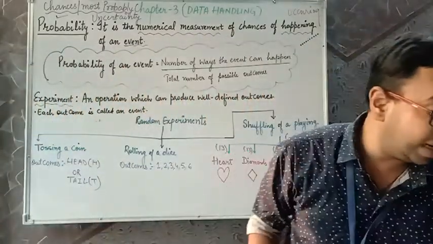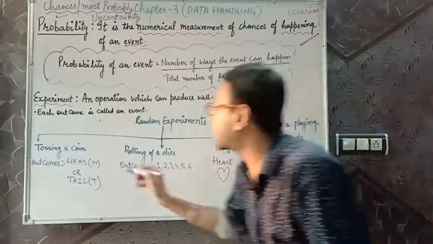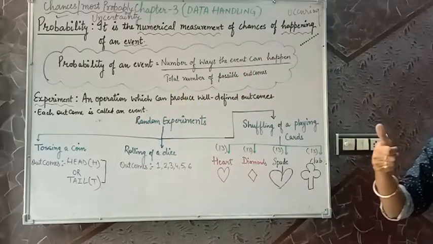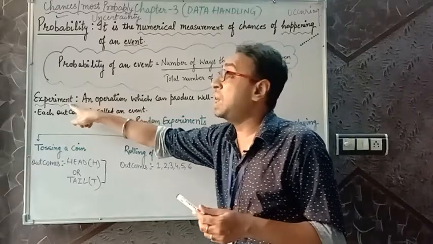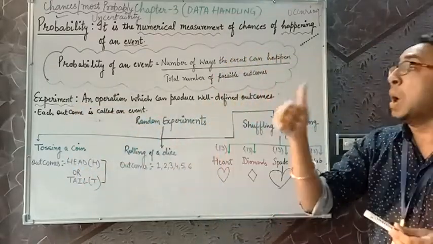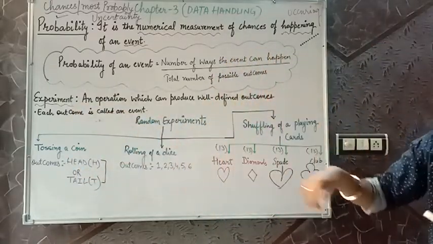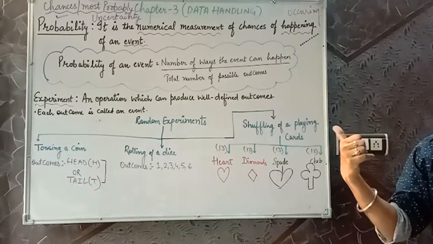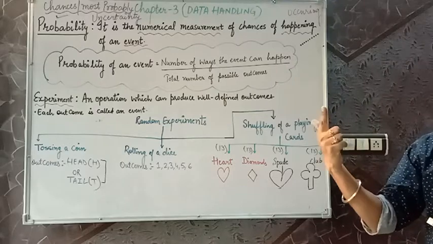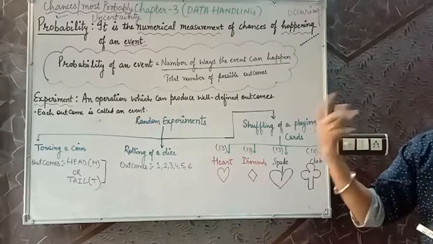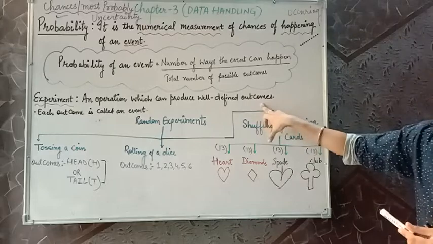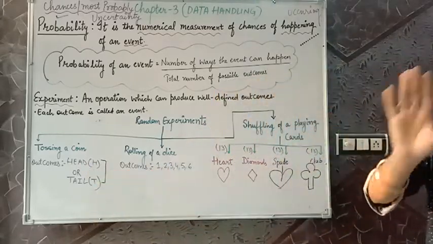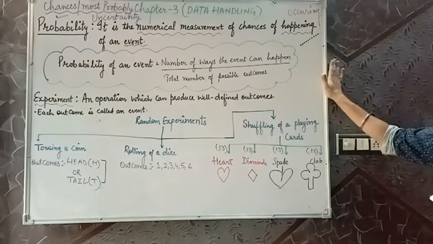The head and tail are your outcomes, and if I toss a coin, that is your experiment, an operation which can produce well-defined outcomes. Yes or no? Very well defined. It's an experiment for me because it produces well-defined outcomes. What are those outcomes in terms of tossing a coin? Head or tail. Any doubt anyone is having with the definition of experiment?